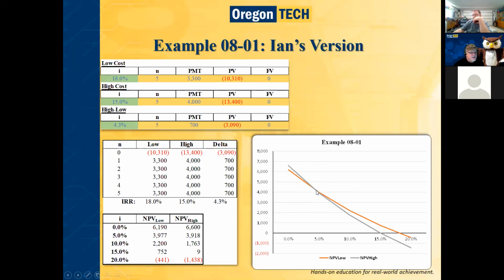Then, after interest rates get higher than that, you want to switch to the low initial cost one, because that one has a higher net present value for all these interest rates over here compared to this point where they're equal.